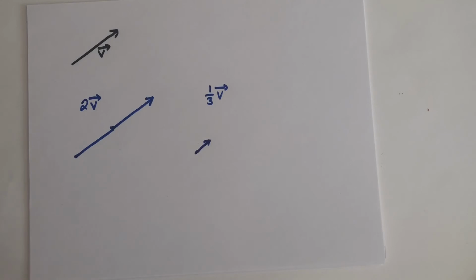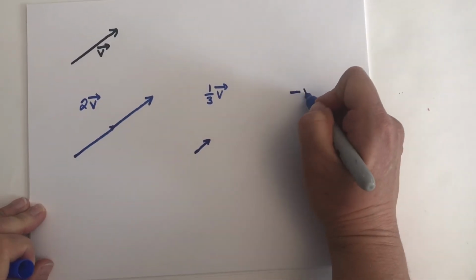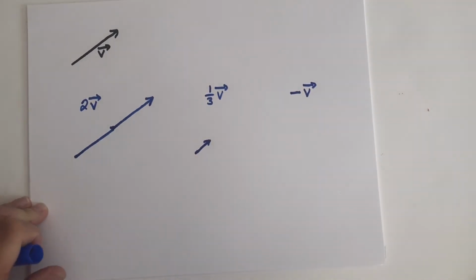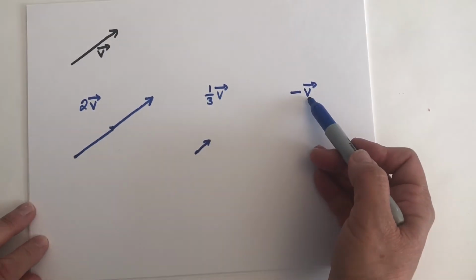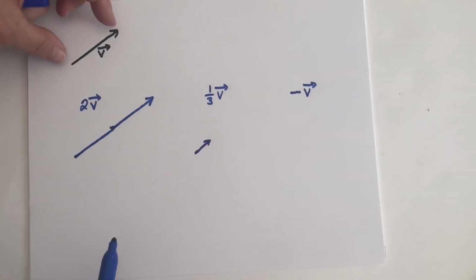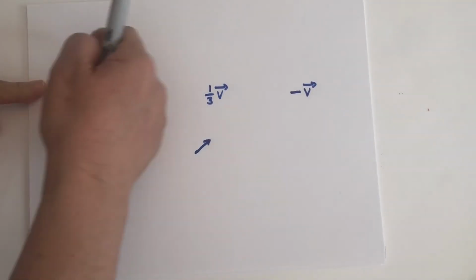How about if I multiply by -1? Well, multiplying by -1 doesn't change the magnitude at all, but it just does change the direction. It will be exactly this magnitude, but instead of going up and to the right, it will go down and to the left.